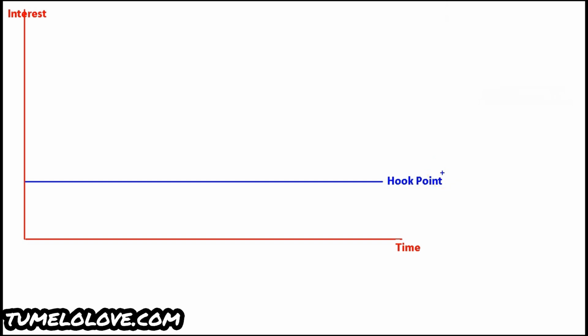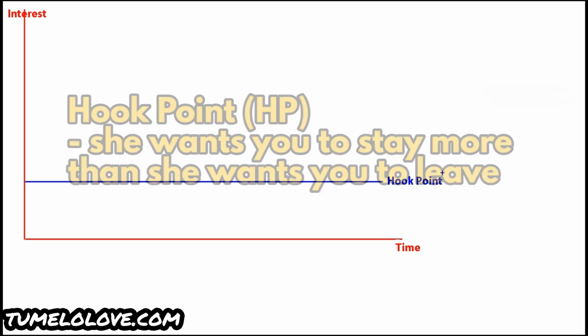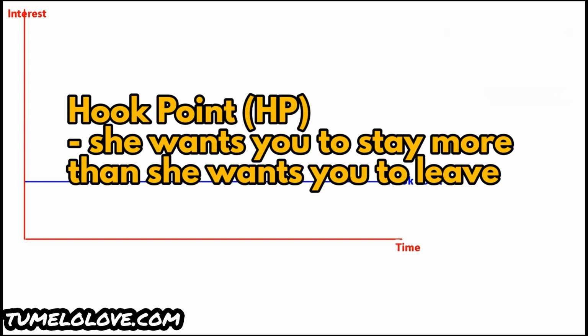So the hook point is basically the point in the interaction when you're gaming the girl where she wants you to stay more than she wants you to leave in the interaction. This is basically when you've captured her attention and you've captured her interest, and she wants to get to know you more, or she wants to invest more into the interaction based on her interest in you.